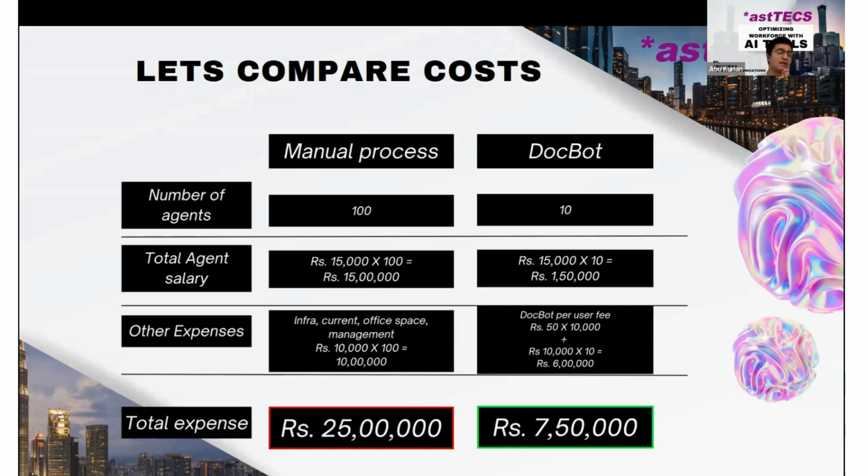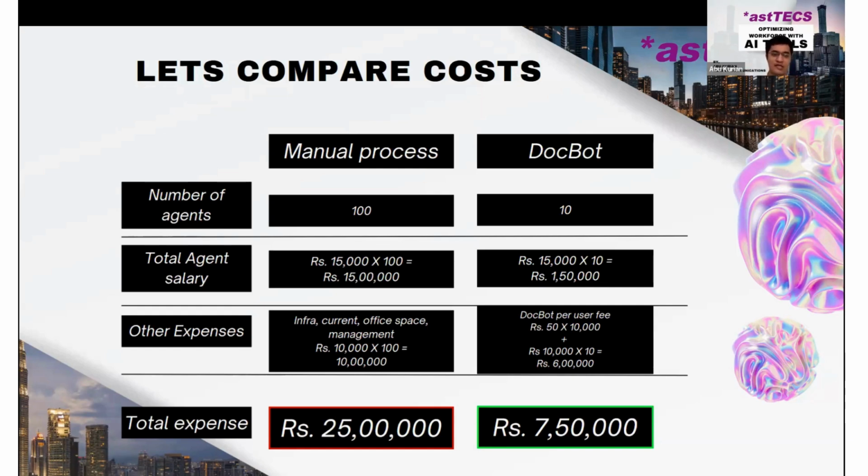Now, you have to keep in mind that for the manual process we have calculated salary for a month, and this definitely would not finish in a month, because to verify 10,000 documents by 100 people would be a very big effort, which will not happen in a month. So you would have more months for this.